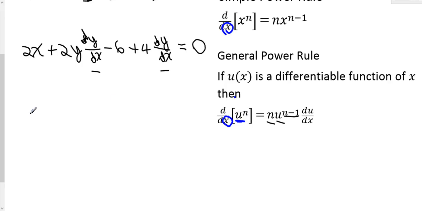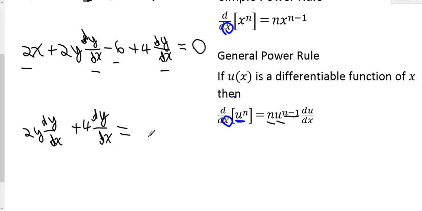So I have a 2x and a negative 6. I'm going to put those on the other side. So I'm going to have 2y dy/dx plus 4 dy/dx is equal to a positive 6 when it goes to the other side, and a negative 2x.